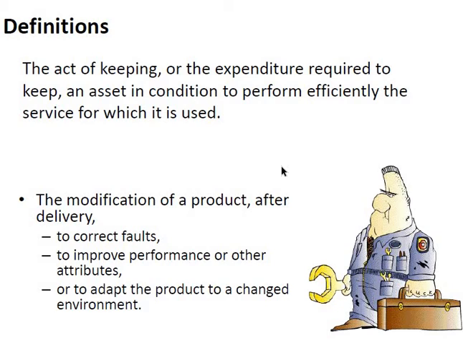Maintenance is the modification of a product after delivery to correct its faults, to improve performance or other attributes, or to adapt the product to a changed environment. Obviously, you have developed the software in the development environment, followed the whole software development life cycle, captured the requirements properly, and implemented them properly. But when the software is used in the real-time environment, it might be that some change is required in a requirement, or some fault occurs in live scenarios.